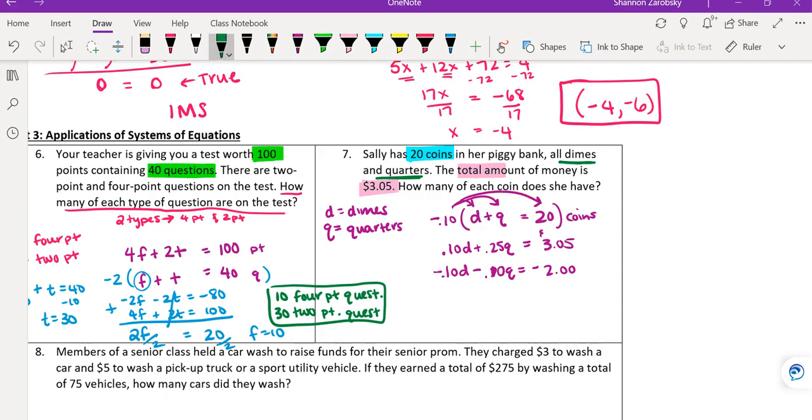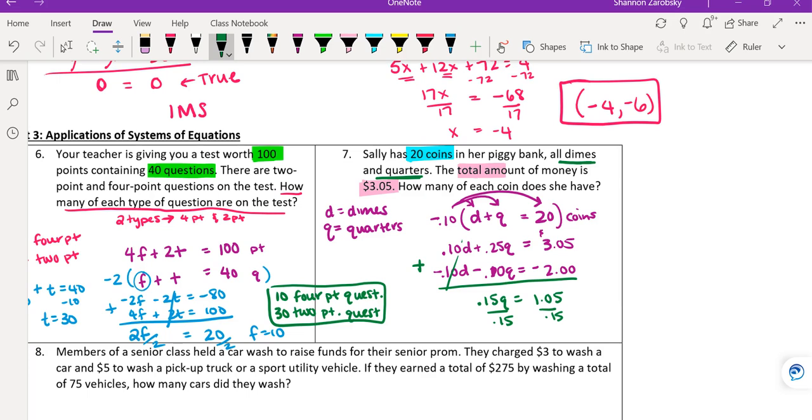Now, these are my 2 new equations I'm working with, so I'm going to go ahead and add those 2 together. And so my dimes are going to eliminate. I'm left with 0.15Q, and then I get $1.05 remaining. So I'm going to divide that by 0.15. I need my calculator. There we go. Hopefully it's not dead. It's not.